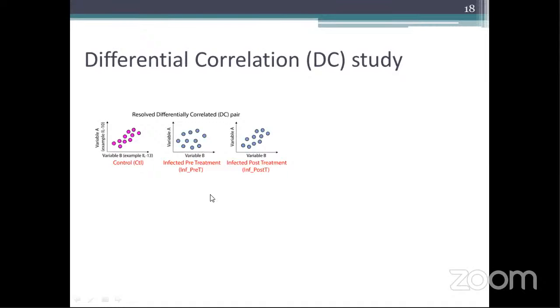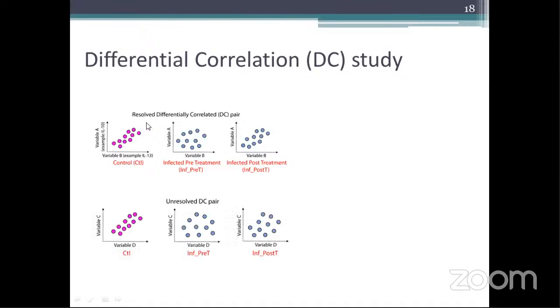Let's say we treat these patients, and after a period of say 6 months after the treatment, we again measure variable A and variable B. There's a possibility that it could have reverted back to its original state as in the control population, and such a pair is known as a resolved differentially correlated pair.